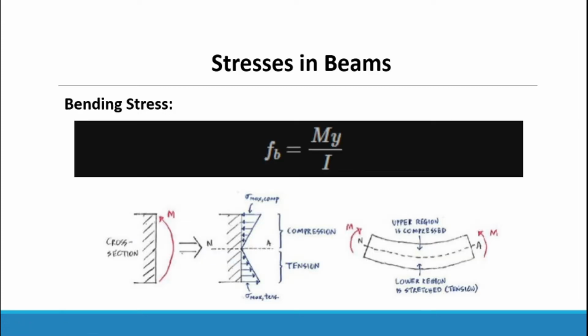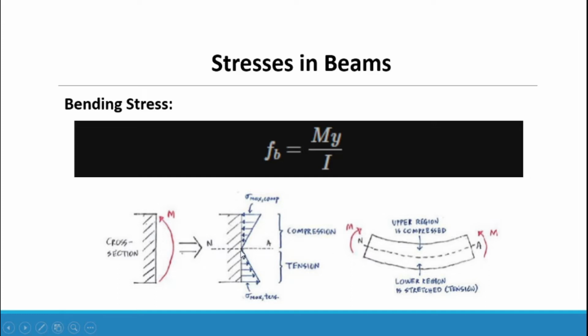So the formula for bending stress, or f sub b, is equal to My over I. And this is the cross section, and we have a moment, and this will be our neutral axis.